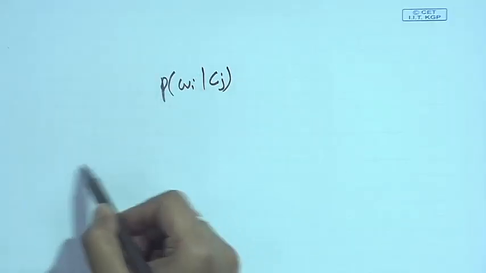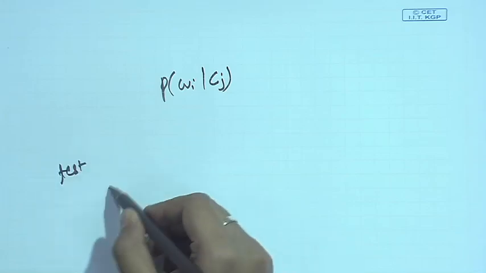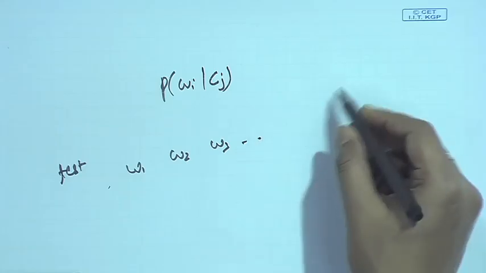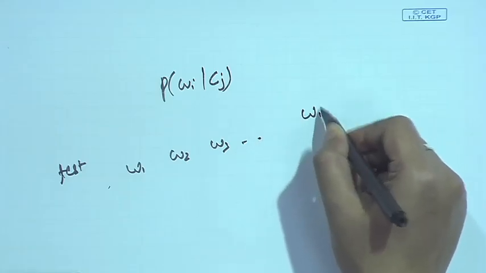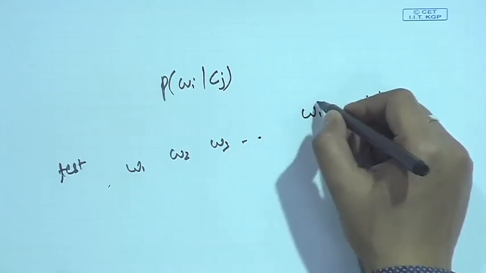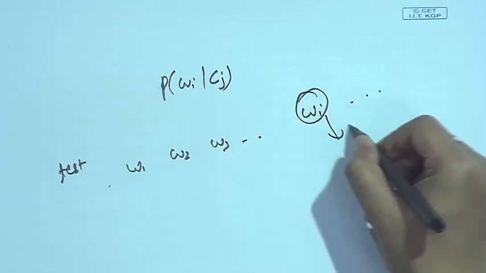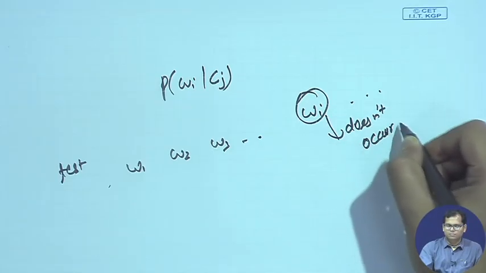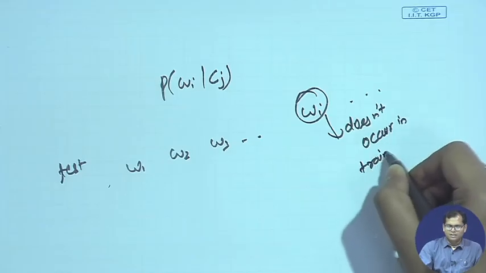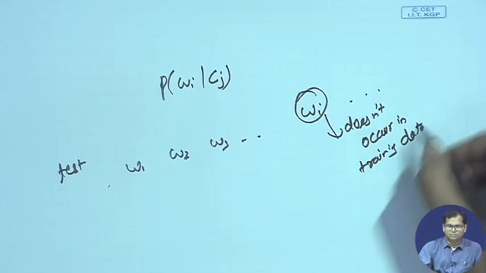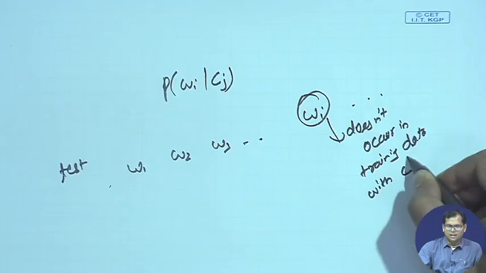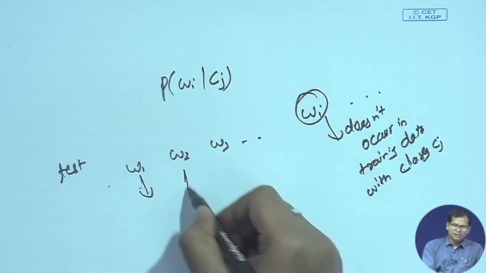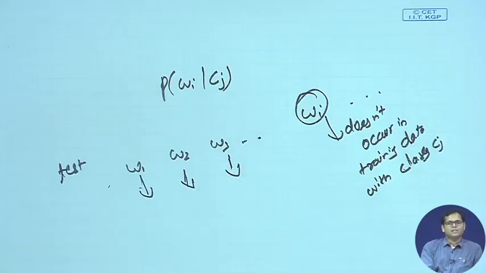Suppose you are given a test document with different words w1, w2, w3 and so on, and there is a word wi that does not occur in the training data with class cj.